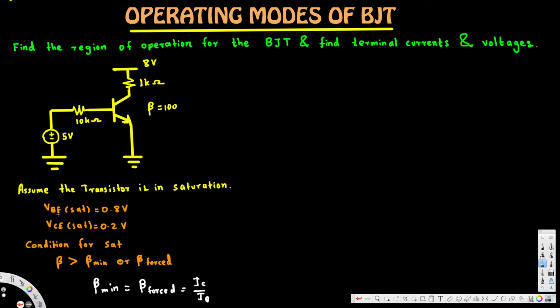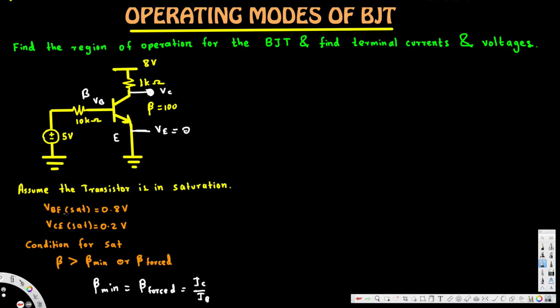Since we know that VBE has to be 0.8, and wherever we have the arrow, that's the emitter E, and this is the base and this is the collector, right? So this is VC and this is VE and this is VB. From this you can see that since this is connected to the ground, VE is equal to 0.